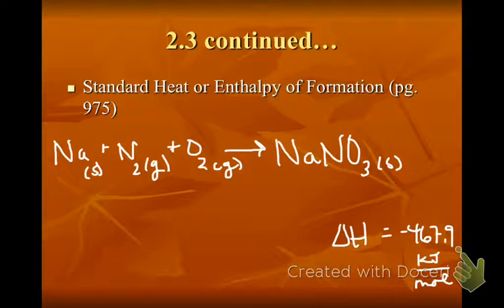The problem with this is that it's not balanced, so we are going to balance it as per normal, and then we're just going to adjust our ratio so that we have 1 mole of our compound. If I was going to balance this normally, I would do a 2 here. I would need 2 Nas. N would be fine, and then O, I would need a 3 here.